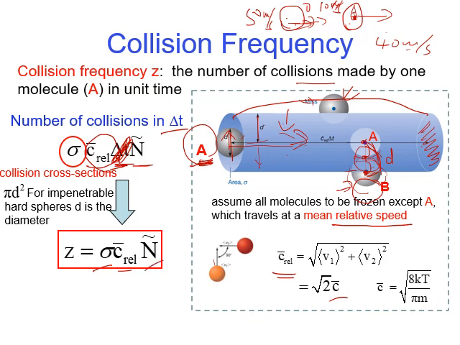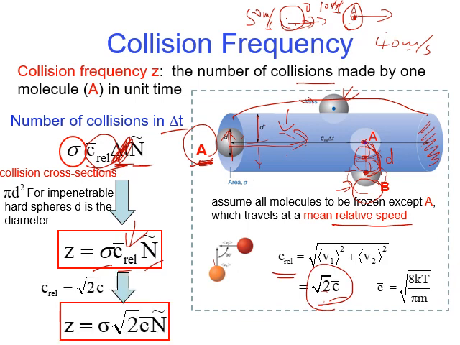So that's the collision frequency: every second, how many collisions A makes. Now the relative speed can be replaced by square root of 2 times the average speed. So the final equation to calculate the collision frequency is the cross-section area times square root 2 times the average speed times the number density.